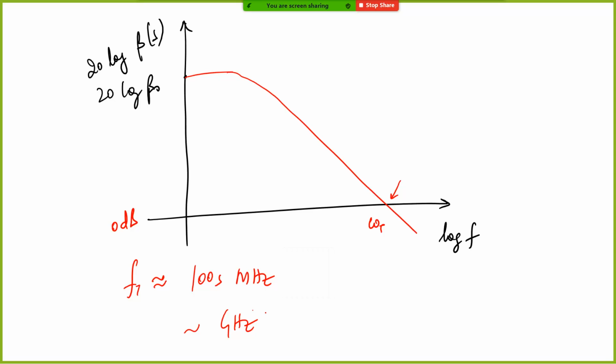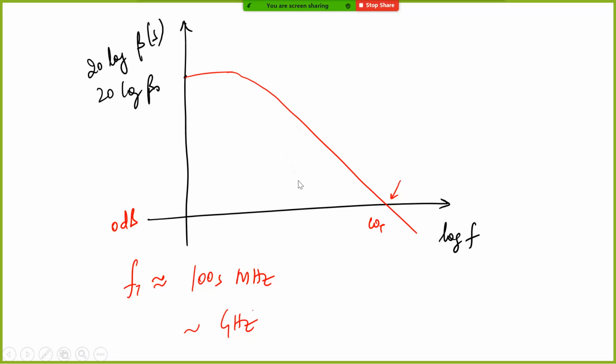Many times they may not give you C mu and C pi values, but they will give you the FT value. The importance of FT is such that there is no point using it as a transistor beyond FT. Even somewhere close to FT, it's really not worth using it. It's more important to use it in this particular location.